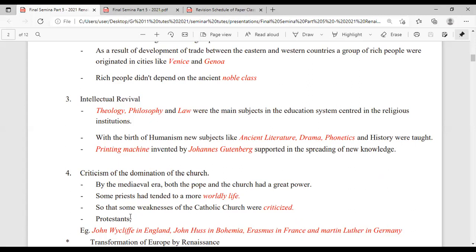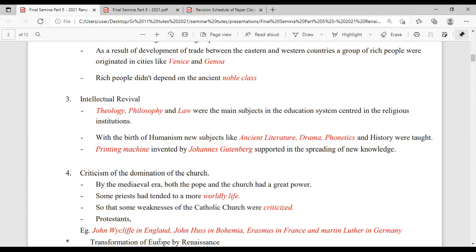They were deeply religious people, good priests. The religious renaissance did not come from outside. It came from inside. The religious priests, they were Protestants. John Wycliffe in England, John Huss in Bohemia, Erasmus in France, Martin Luther in Germany.